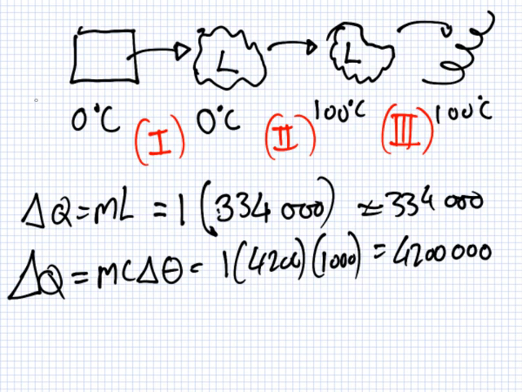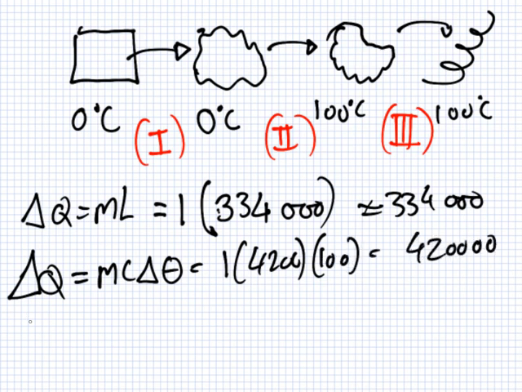This is going from solid to liquid and liquid to gas. There are too many zeros. This is not meant to be 1,000. Oh my goodness, you're right. There was one too many zeros.